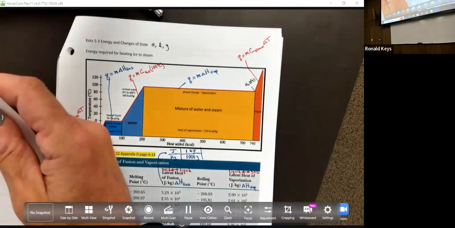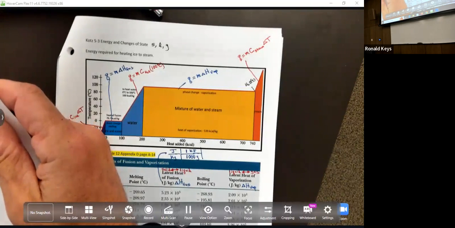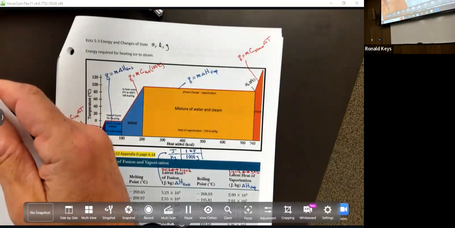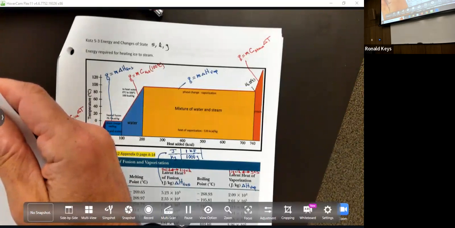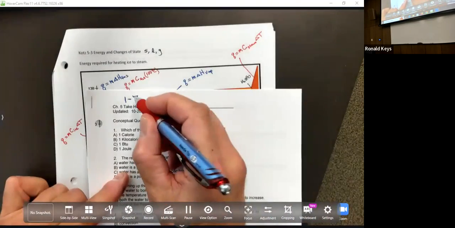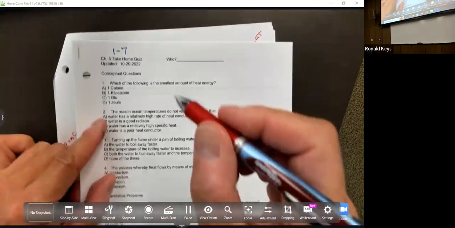On this quiz from chapter 5, I'm just going to add 1 through 8 on chapter 5.